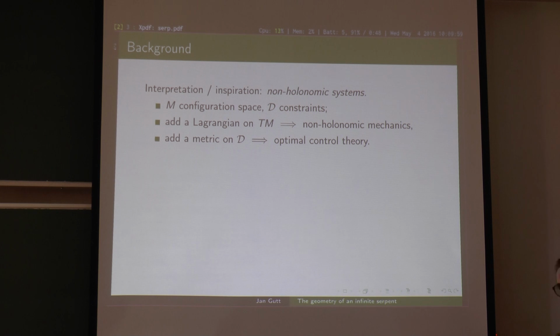I do not know this. I would be happy if someone noticed such a thing. Even simple electrodynamics has a constraint, the Gauss law. Yes. But they are holonomic. Yes. So let me proceed, because this is just the very, very, very beginning. So I don't want to get stuck at this stage.